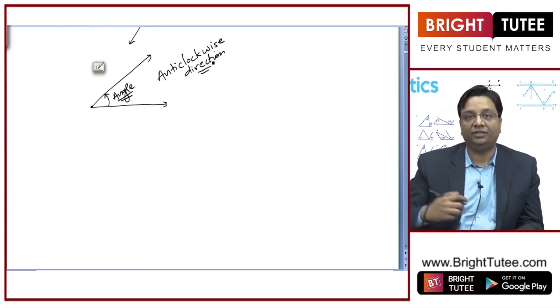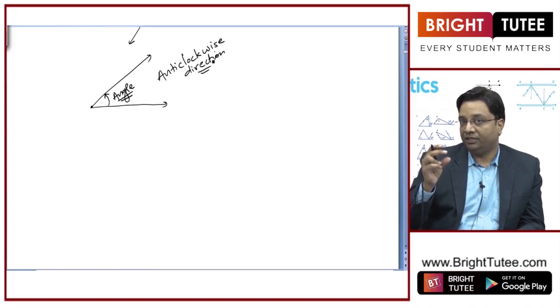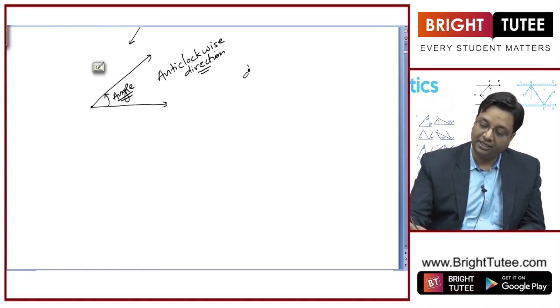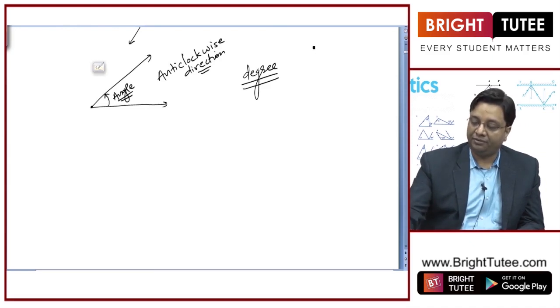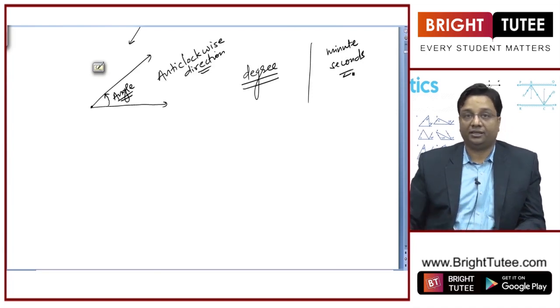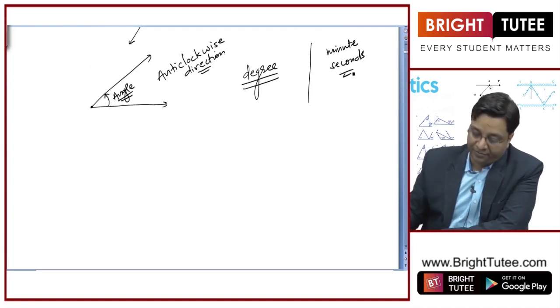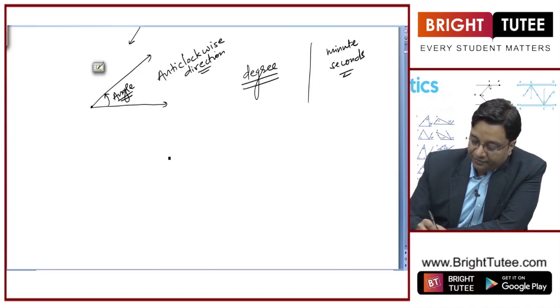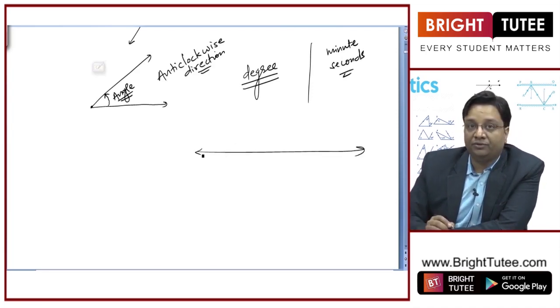What is the unit that we use to denote an angle? It is degree. Then we have minutes, seconds, etc., which we will study later. But the standard unit is degree. And for your knowledge, angles can be of various types.